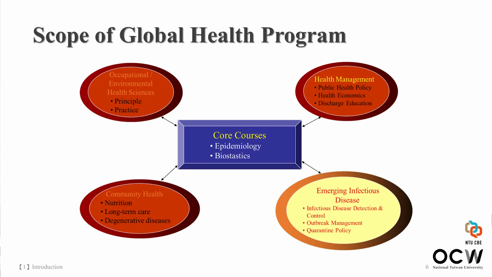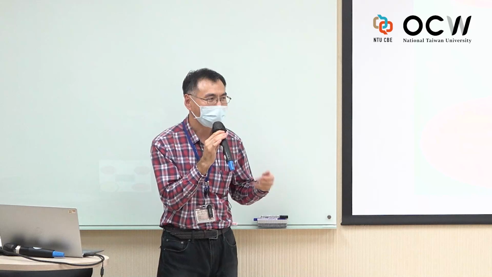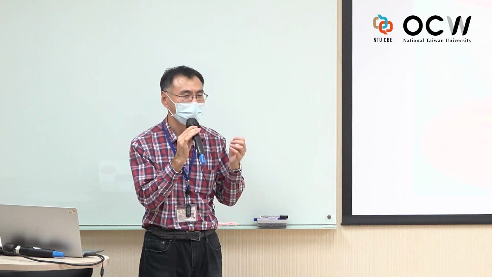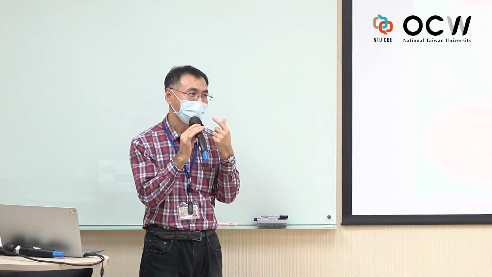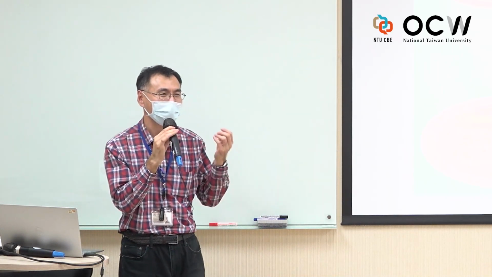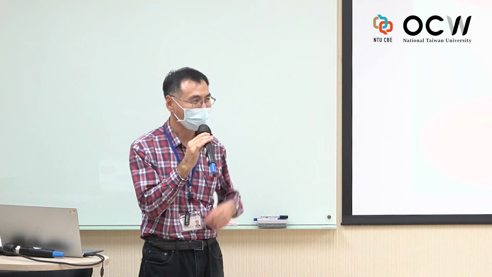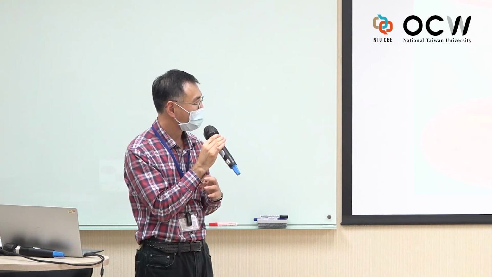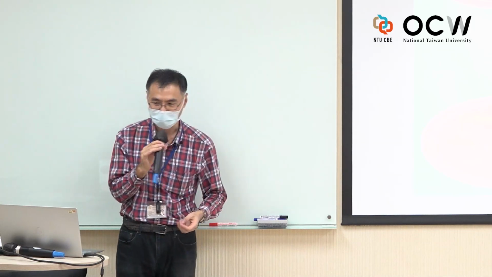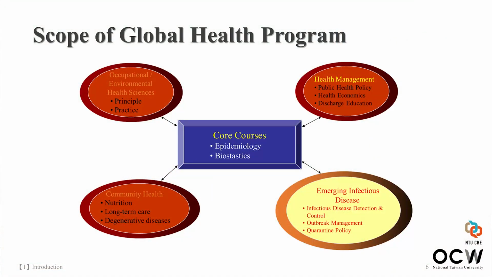If we change or modify the parameters, how will it change? Then we could evaluate the effect of each intervention, like masks, like social distancing, right? How can we make the decision about the duration of quarantine, right? It's all based on modeling research about emerging infectious diseases to help us make the decision. And about outbreak management or quarantine policy, like what I said.